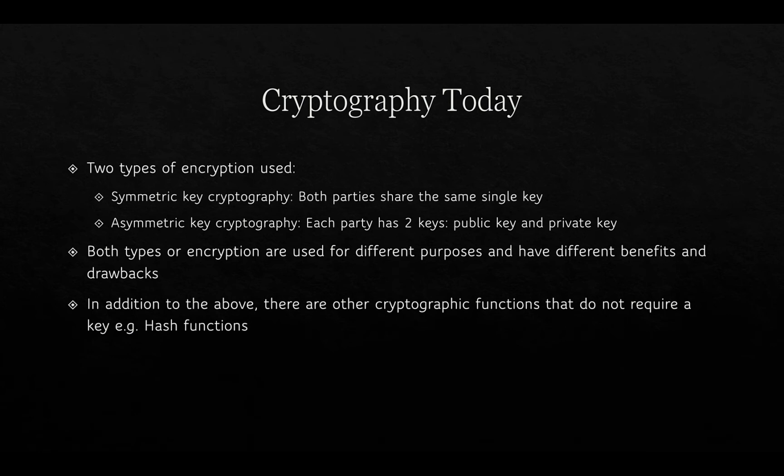They were essentially invented and used to solve different problems. In addition, there are other cryptographic functions that don't require a key, and are also very important. One of them is called a hash function, and we'll look at that as well.